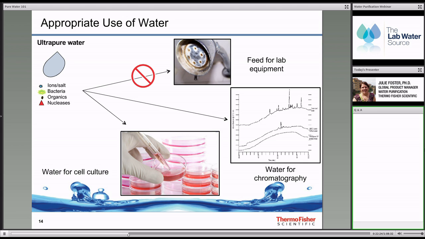So in the HPLC, you're not going to see any organic impurities from the water. You're only seeing peaks from your sample. And true with cell culture as well, you can rest assured that the water you're using doesn't bring along nucleases and pyrogens and bacteria, so that if there are changes in cell morphology, they're because of the variables you're adding and not because of the water.